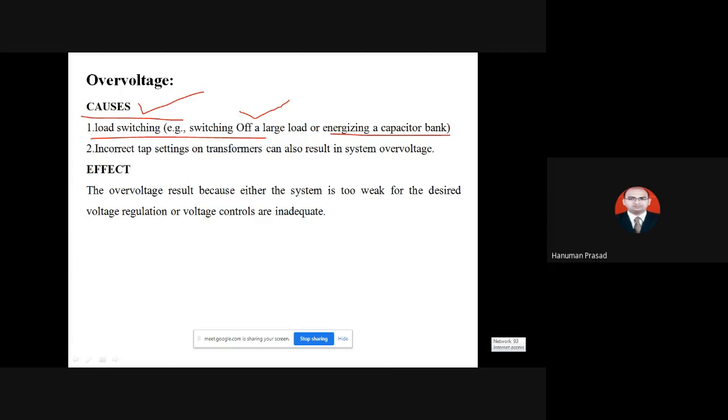For the industrial application, the loads are 100 kilowatt, 500 kilowatt, 600 kilowatt, 50 megawatt, 10 megawatt. If these loads are switched off, this causes the over voltage.